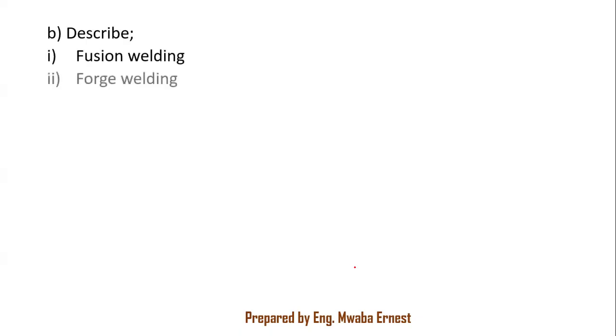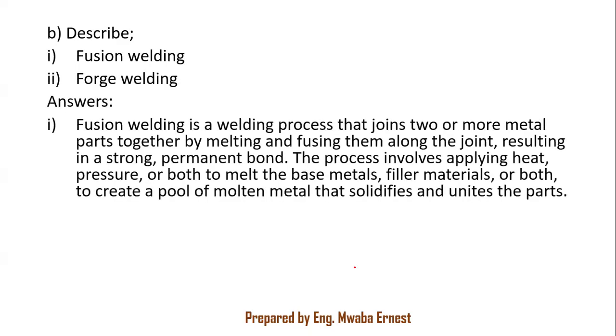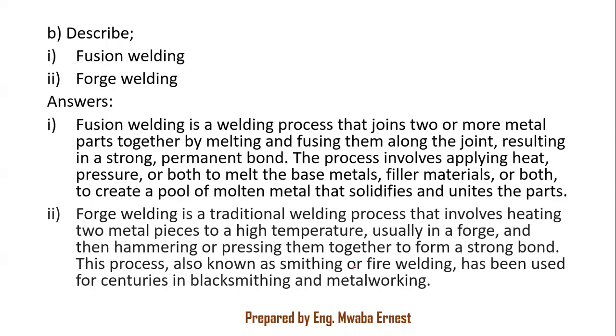Immediately done, we've talked about this. The next one is describe fusion welding, then there's forge welding. In fusion welding, you're melting two parts together such that when they solidify, as long as they're in contact, a joint will be formed. Then what about forge welding? Forge welding is a very special kind of welding process used by blacksmiths.